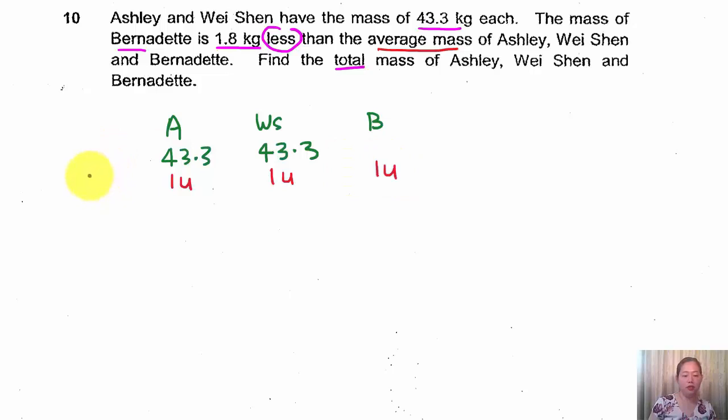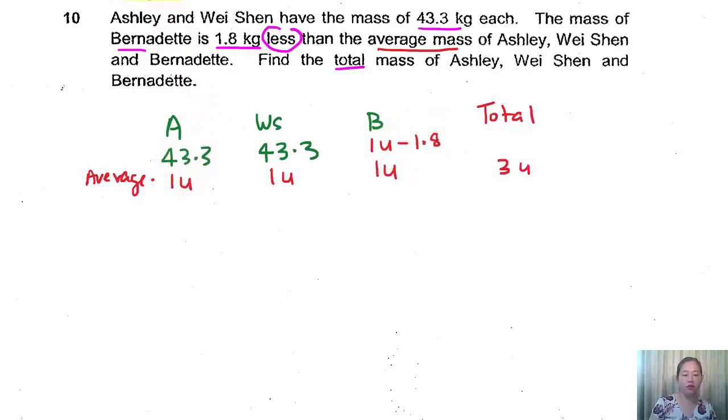This is the average. So the total for the weight of these three persons will be definitely 3U. And since we know that Bernadette is 1.8 kg less, it will be 1U minus 1.8.